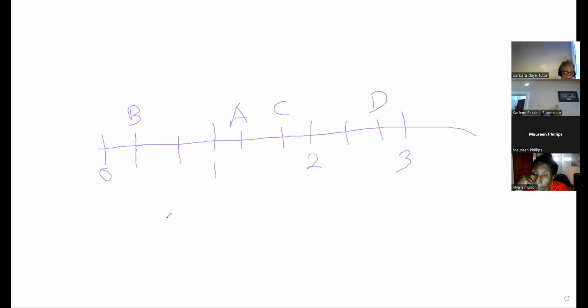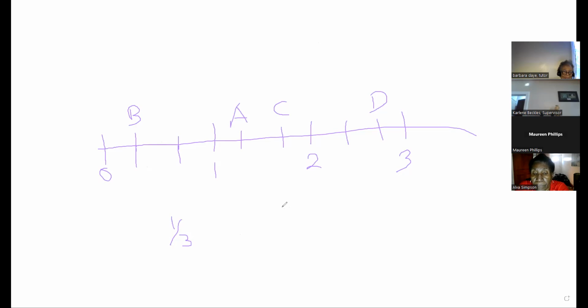So let me just put 1/3. That's what each hash mark represents. So that's 1/3, 2/3, 3/3, 4/3, 5/3, 6/3, 7/3, 8/3, 9/3.